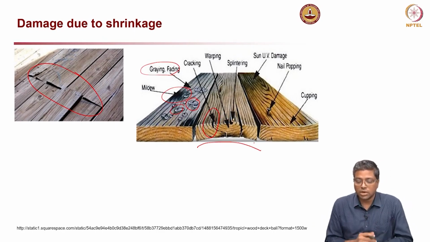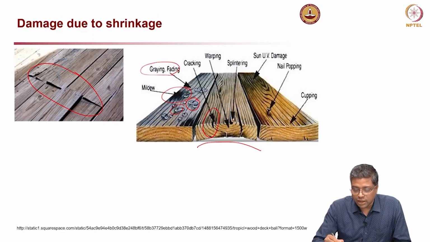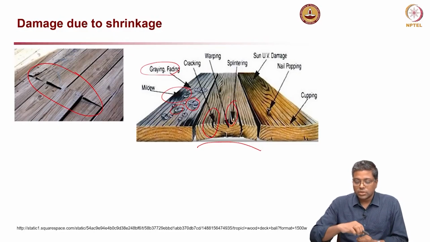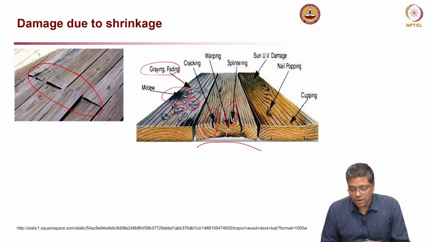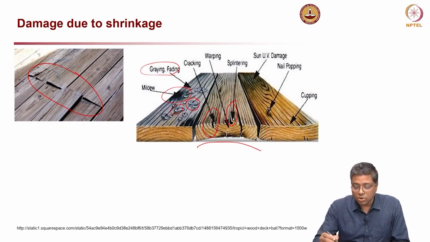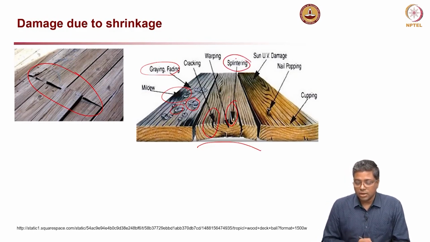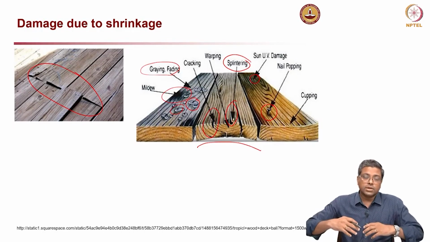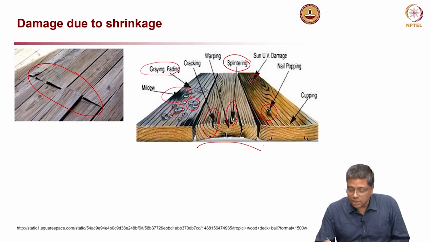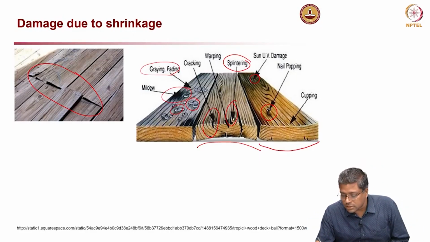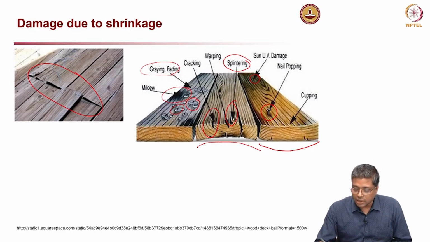The center portion lifts up, and you can see splintering here. Small grains can come out, which we call splintering, and then UV damage is also sometimes possible. And you can see here slight warping in the other direction, and then cracking here.